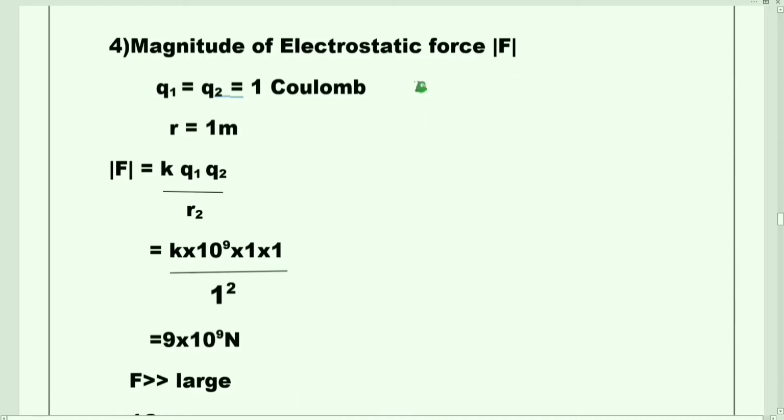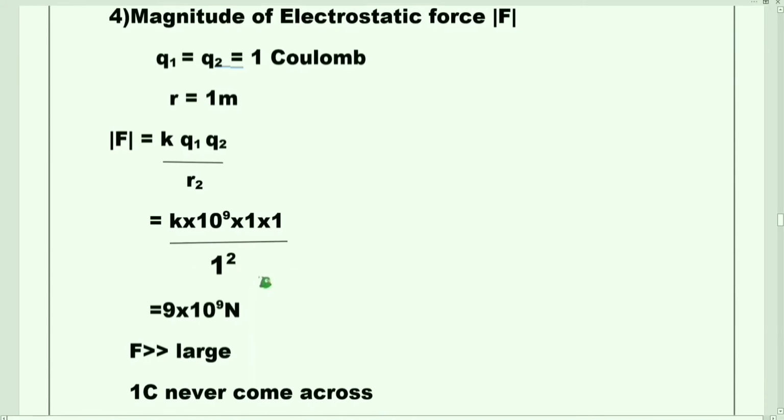Let us assume Q1 is equal to Q2 is equal to 1 Coulomb and give the value of R to be 1 meter. Okay, the charges are of 1 Coulomb and the distance is 1 meter. Now |F| is equal to K Q1 Q2 by R square. You give the values: 9 into 10 power 9 into 1 by 1 square.